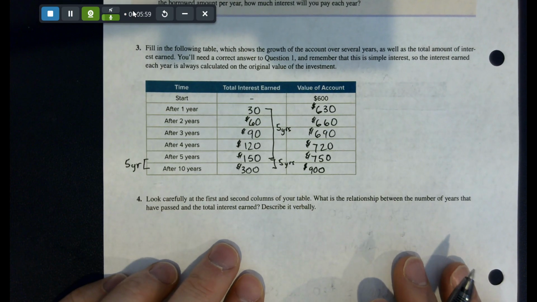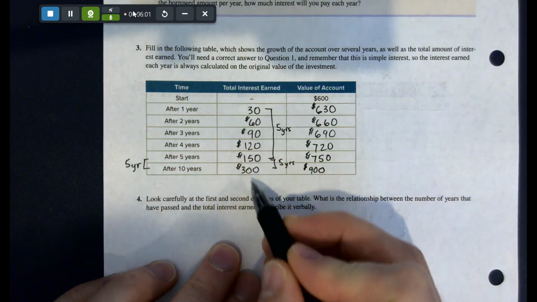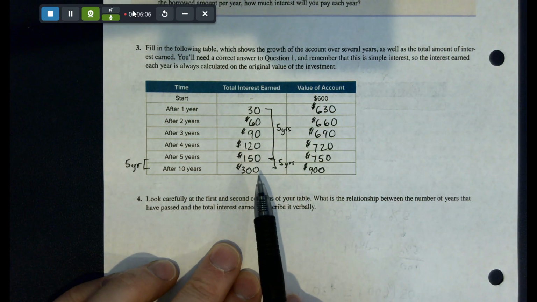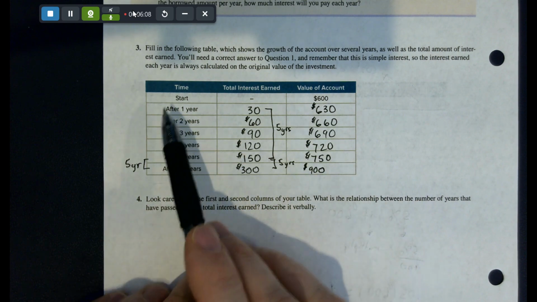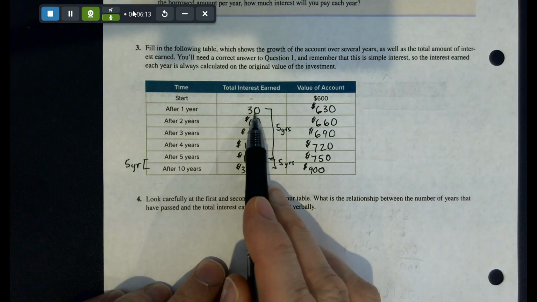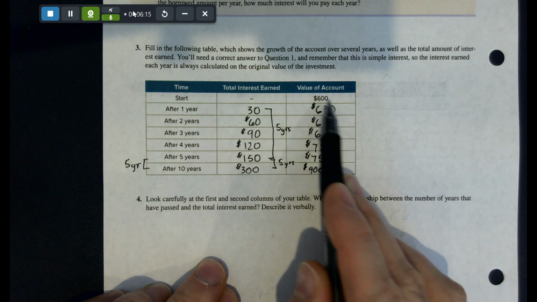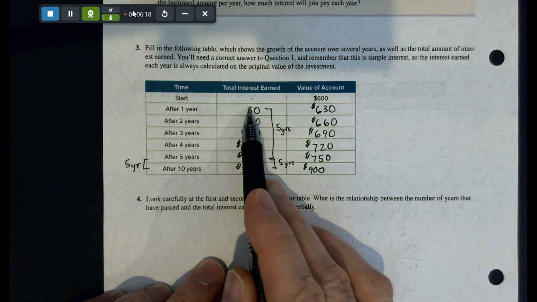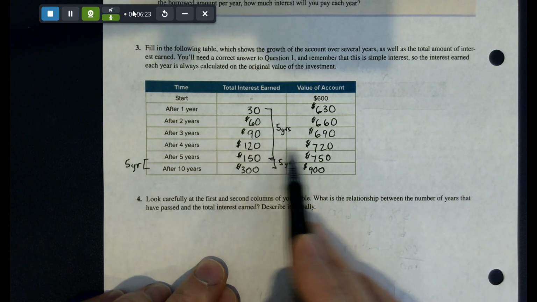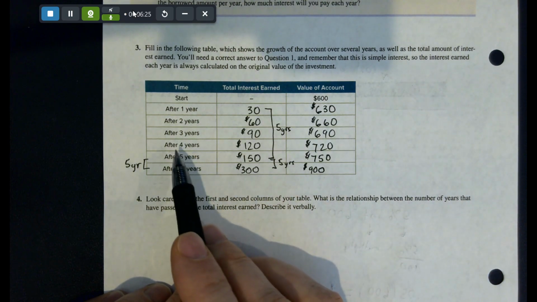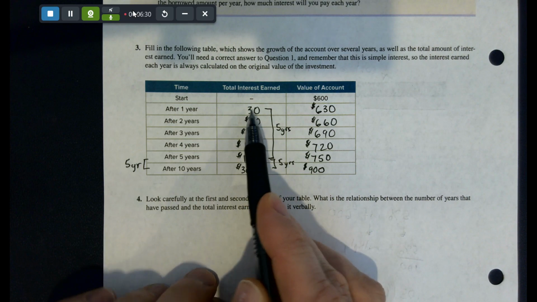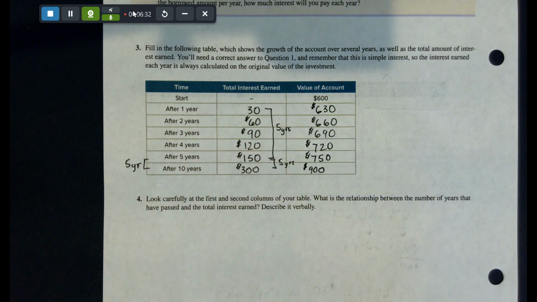Now the author says, okay, what's happening between these 2 years, or between these two columns? What's the relationship between the total interest earned and the value of the account and the time? Well, if you notice, 1 times 30 is the amount of interest we added here. 2 times 30 is the amount of interest we added in. 3 times 30 is the amount of interest we're adding in. In other words, if we take the time and multiply it times the original interest, that's the total interest we're earning.